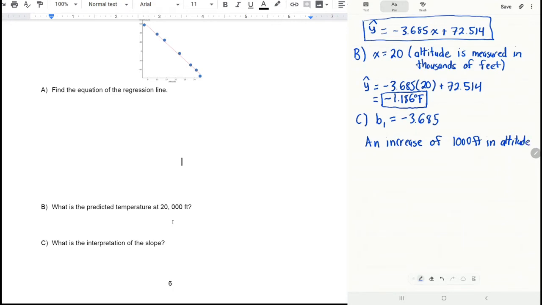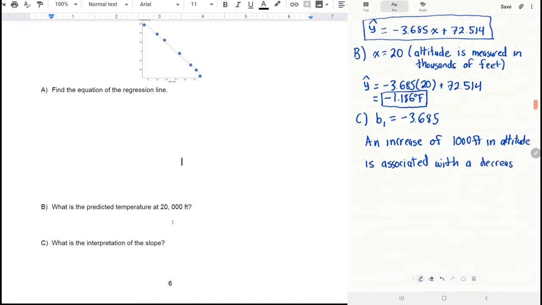So for 1 unit change, so for every 1,000 feet increase in the altitude, this will be associated with a decrease in temperature by 3.685 degrees Fahrenheit.